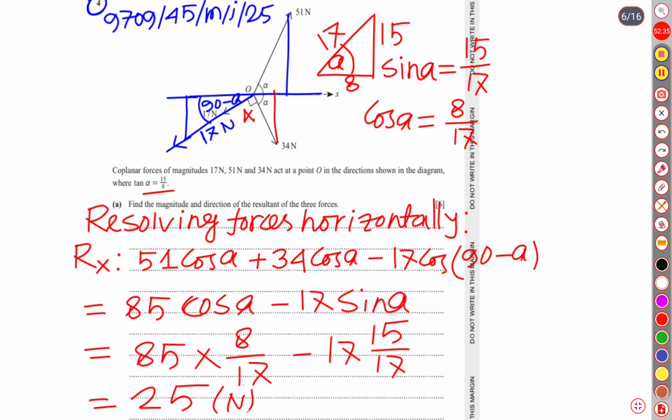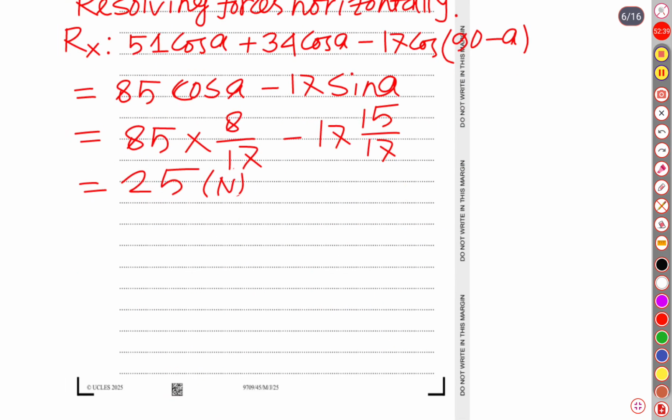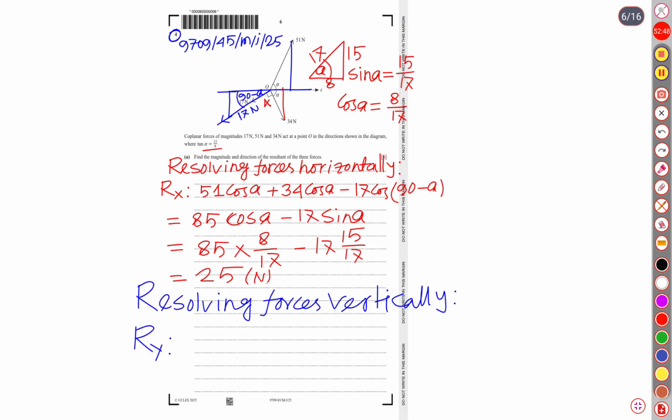Now we are going to resolve the forces vertically. So let me write, resolving forces vertically. Resultant force in vertical direction. Look at this, only one triangle is lying above the x-axis, so that is positive, which is 51 sine alpha.